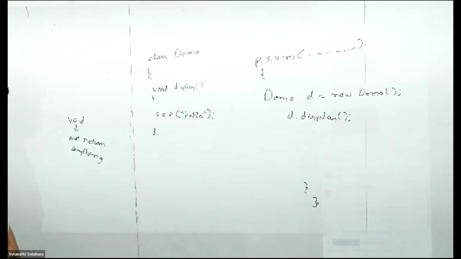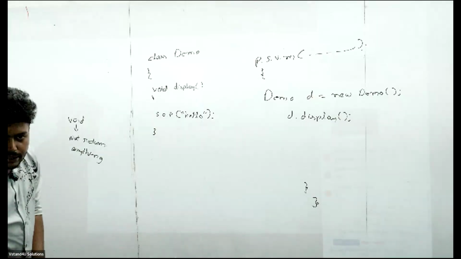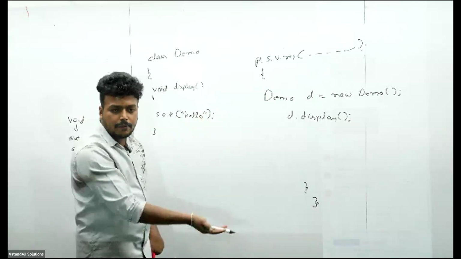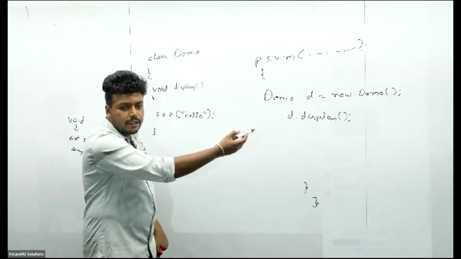Listen. How will Java understand this program? Execution starts from the main method, then inside the main method scope, it creates the object.